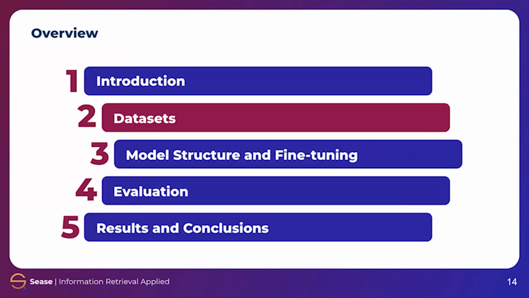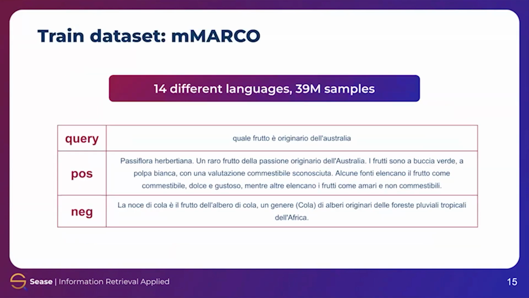Okay. First, datasets. I picked two datasets because finding datasets in Italian was not easy. There are not a lot of datasets available with the right license. So I found mMARCO, a multilingual MS MARCO from Microsoft.